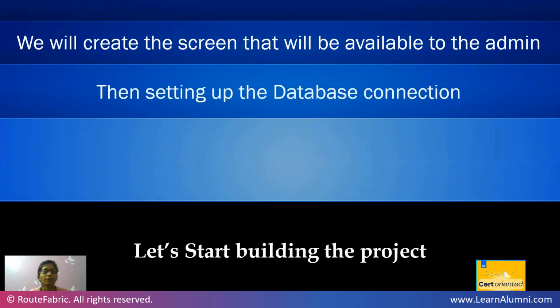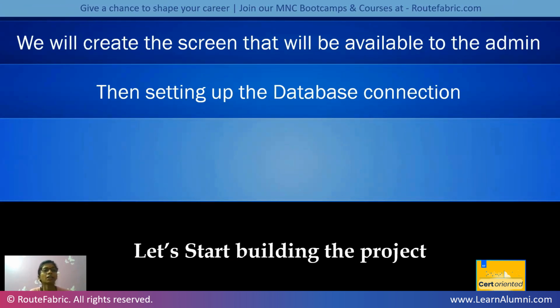Then we have the other thing, that is setting up the database connection. Once the screens are ready, we will go ahead and set up the database connection, linking each and every admin with the database, so that he can add, remove, update, and do everything he needs to do with the software.